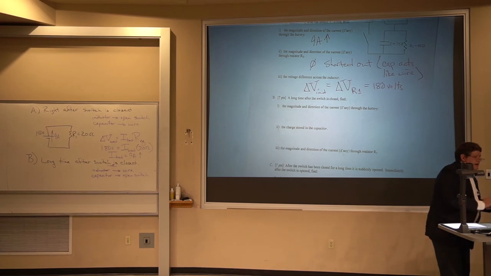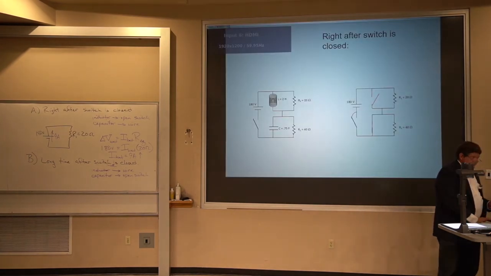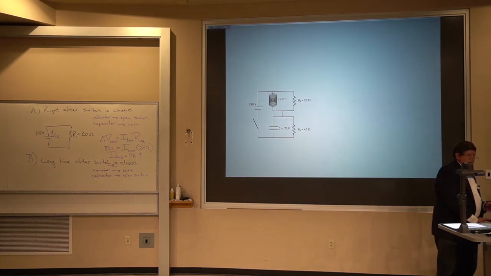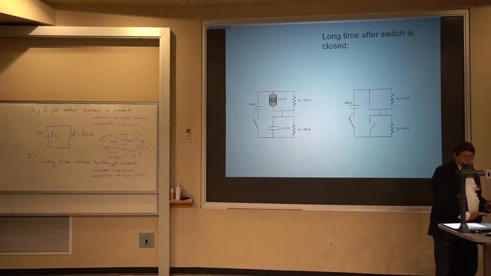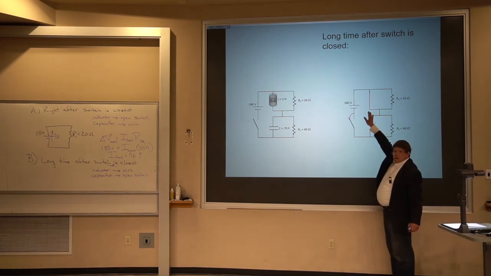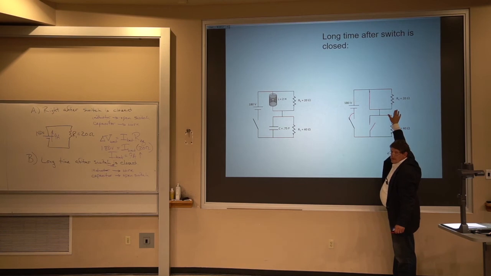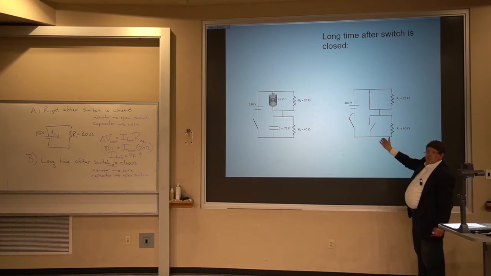Now let's go back to the PC. If we look a long time after the switch is closed, the inductor has stopped fighting and becomes a wire. The capacitor is full and acts like an open switch. So now it's R1 that's shorted out. All of the current goes through the wire, the inductor, and then through R2 because it can't go through the capacitor.